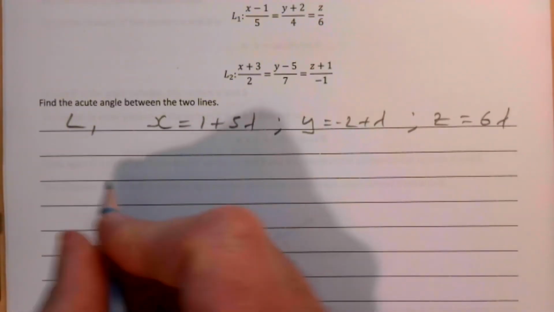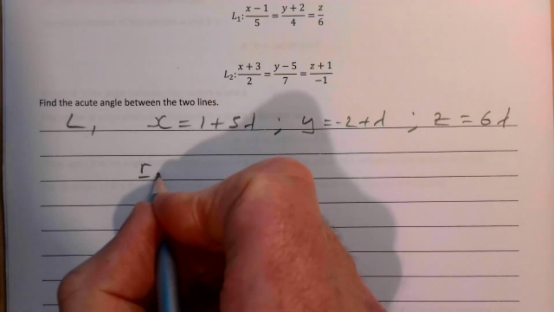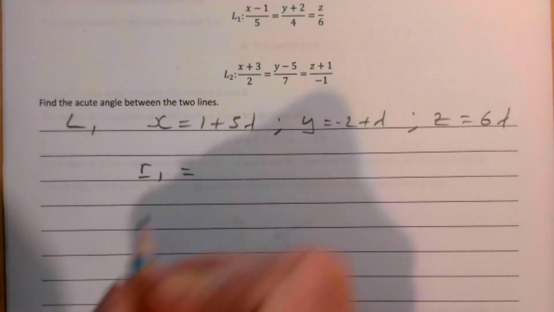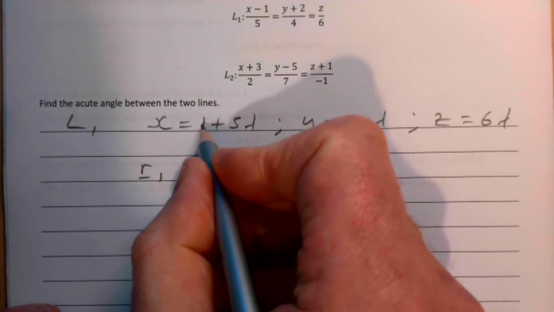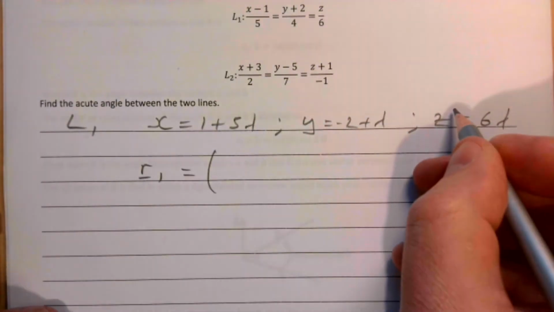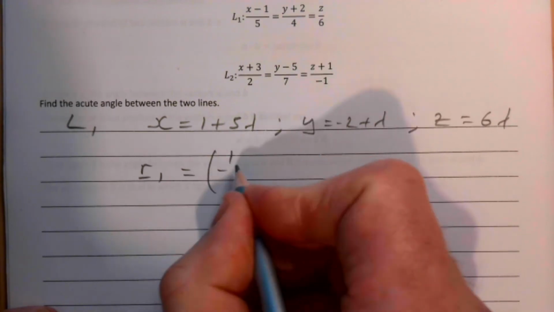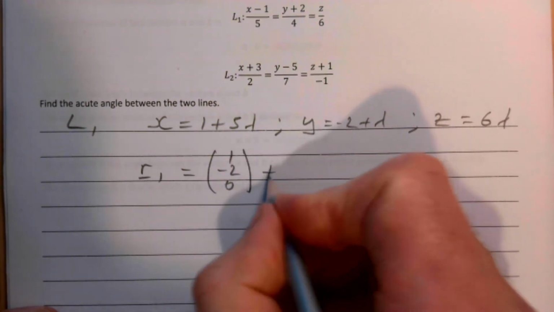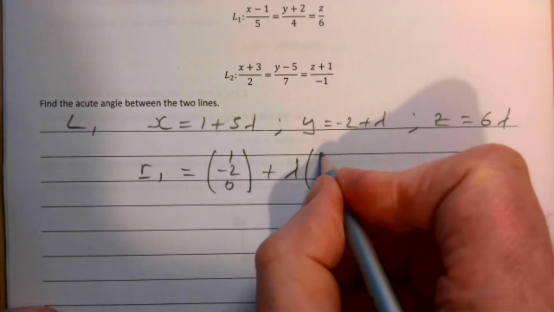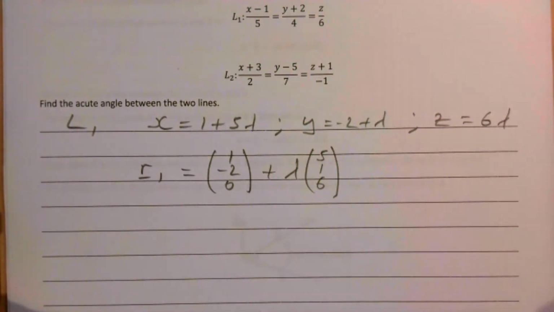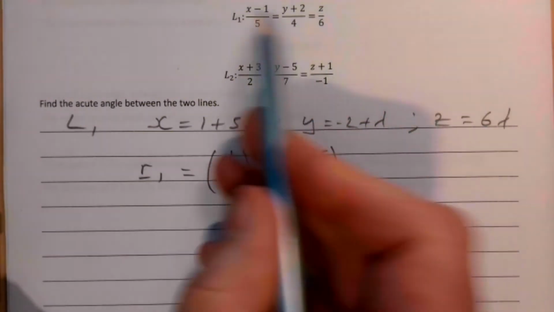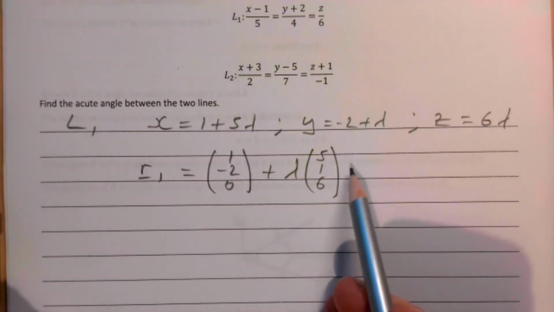So our equation here, we'll call this R1. We'll just put this in column form. So it's going to be 1, minus 2, 0 plus lambda upon 5, 4, 6. So what have we done? We've changed L1 from Cartesian form into vector form.